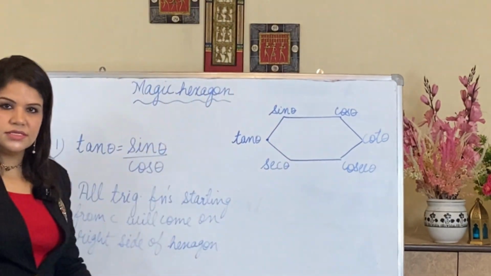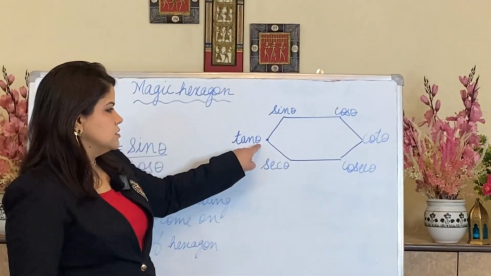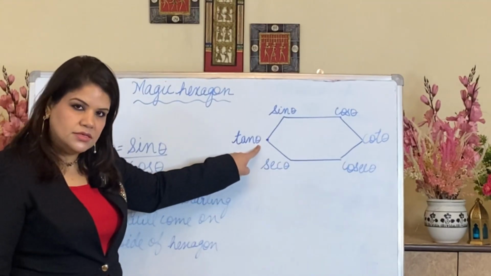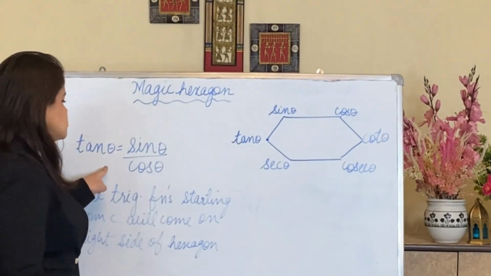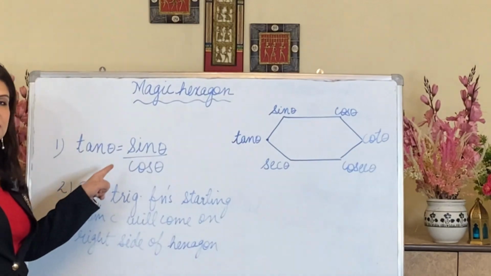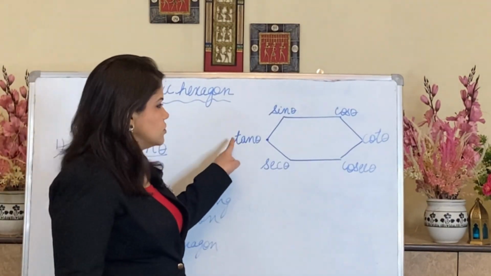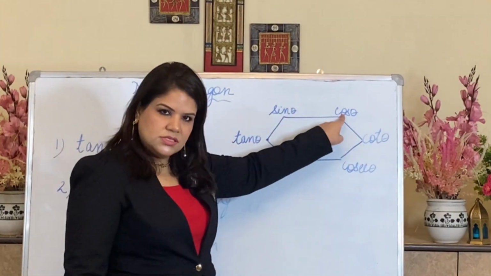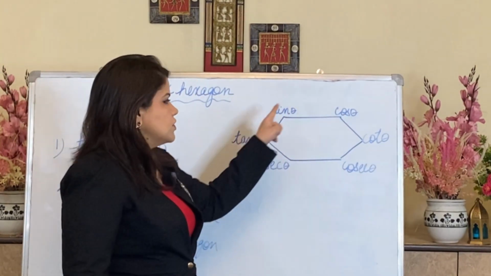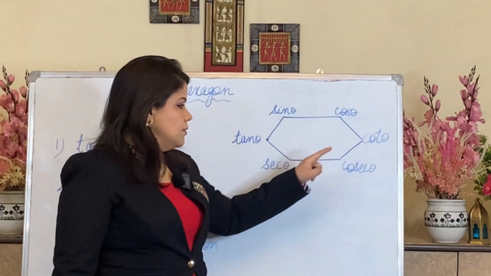So how I started? This point I will start with tan. And why did I give you this formula? So that you can understand by having a relationship. Tan theta is equal to sin theta on cos theta. Inverse of tan theta is cot theta.